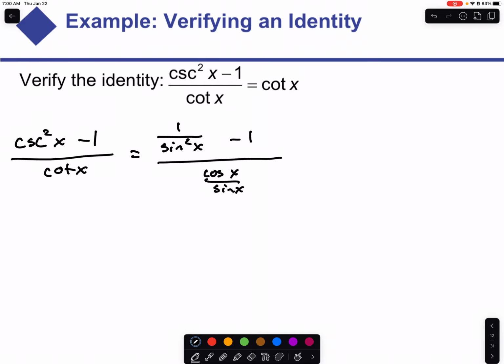Let's try to clear out the fractions. Will that help us? I'm going to multiply by 1 in the form of using the LCD of all the denominators. If we consider all the denominators here, we have sine versus sine squared. I'm going to multiply by 1 in the form of sine squared over sine squared. I'm just going to try it out and see where it goes.